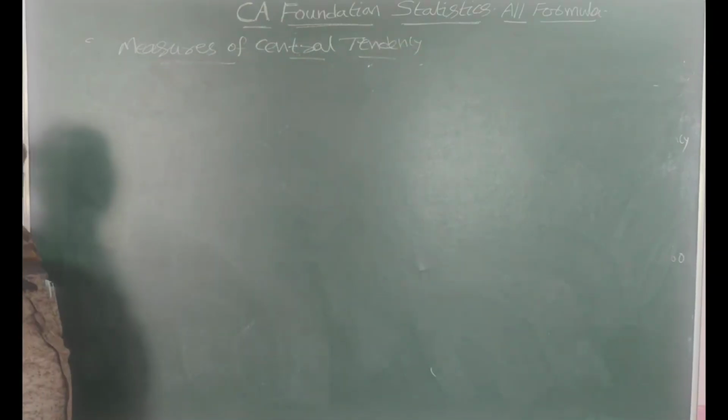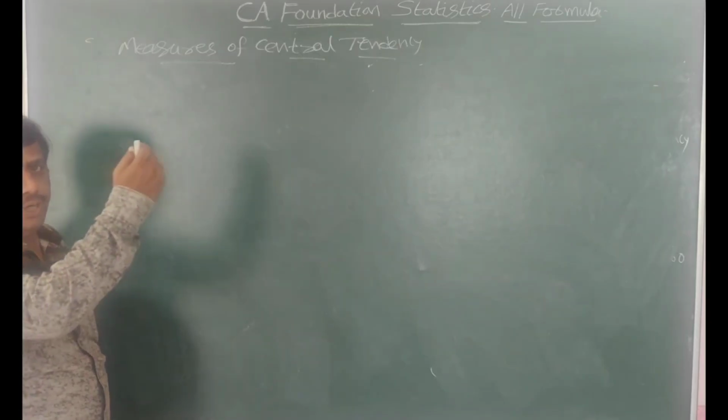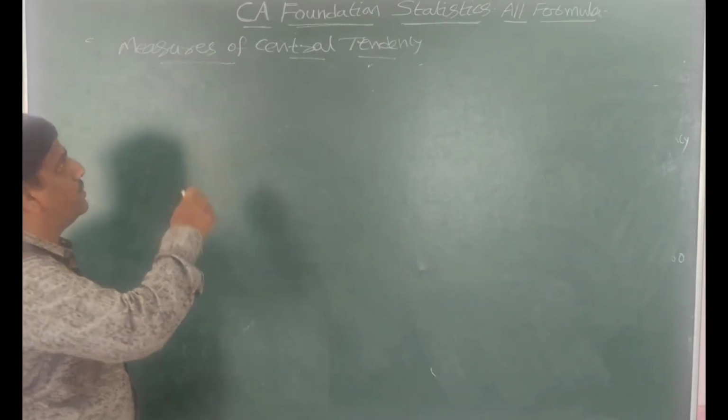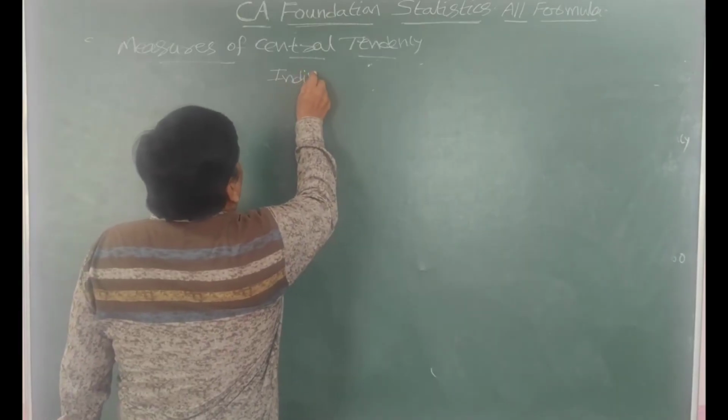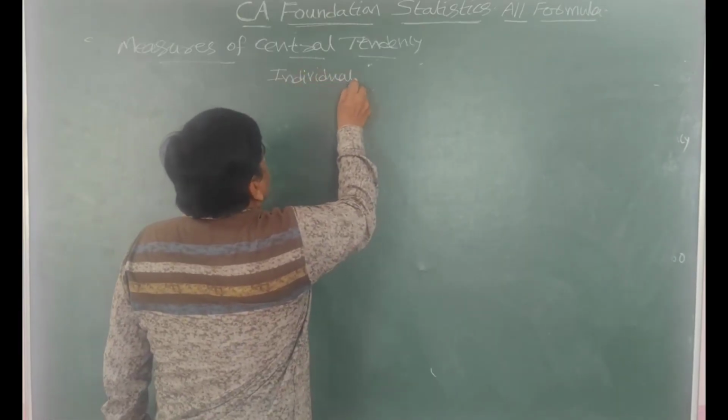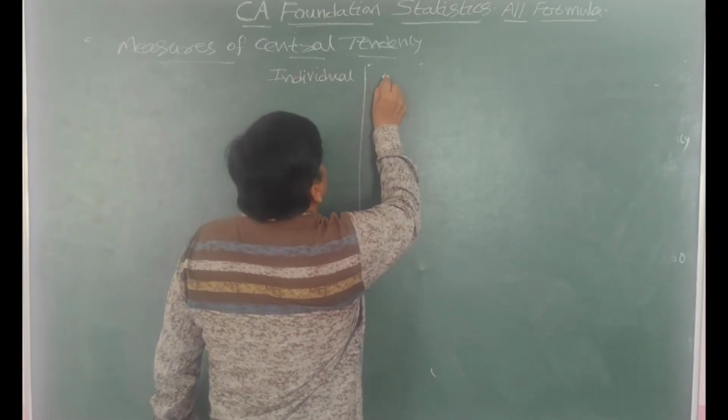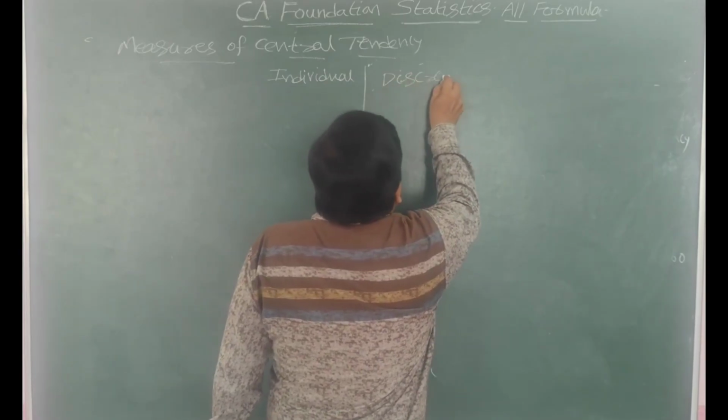In this, we already know the data can be classified into individual series, discrete series, continuous series. I will discuss the formulas in the form of a table now. Individual series, discrete series, and continuous series.